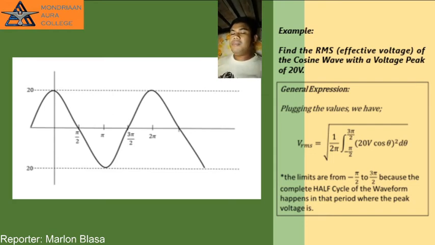So, kung mapapansin nyo, nag-iba yung limits natin. Kanina, doon sa general expression, 0 to 2 pi. Ngayon dito, negative pi over 2 to 3 pi over 2.